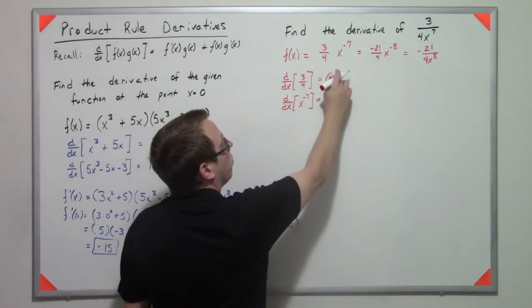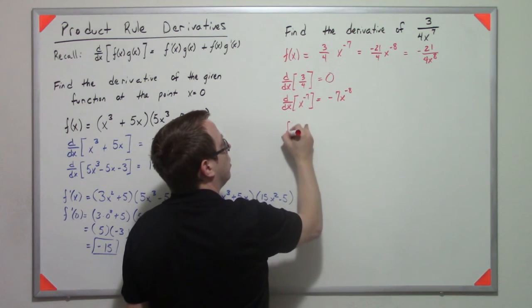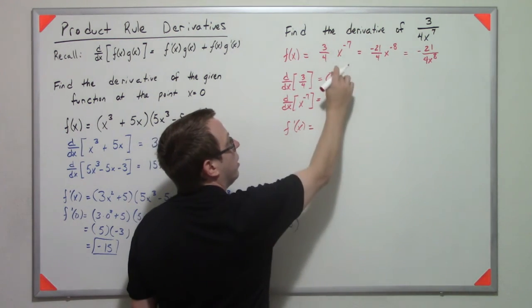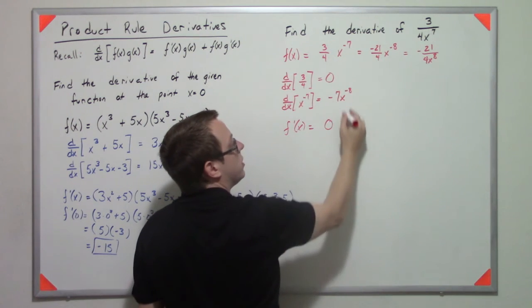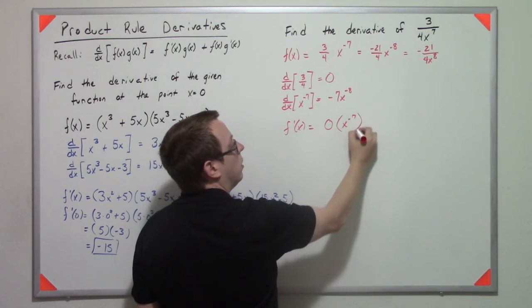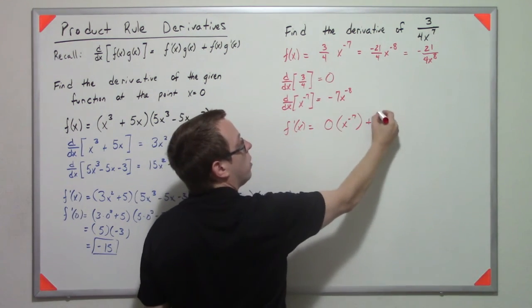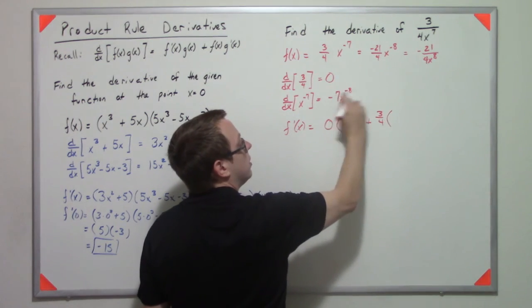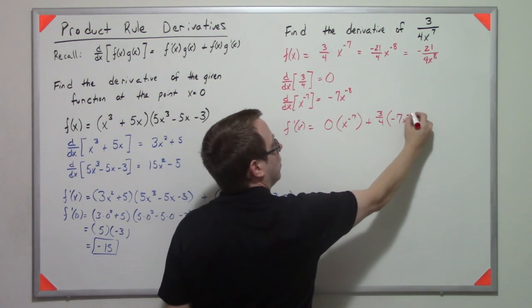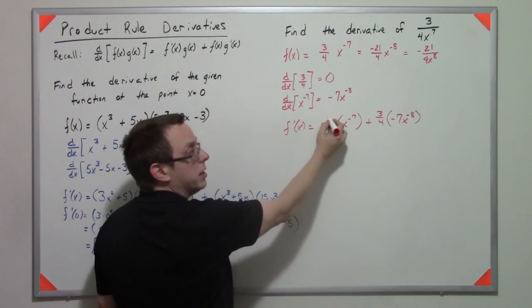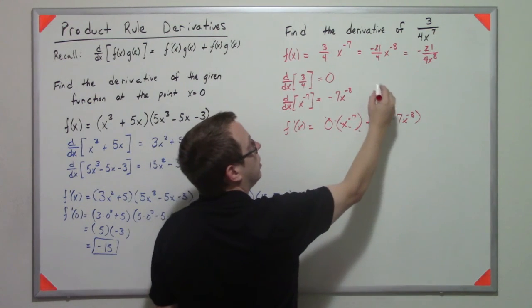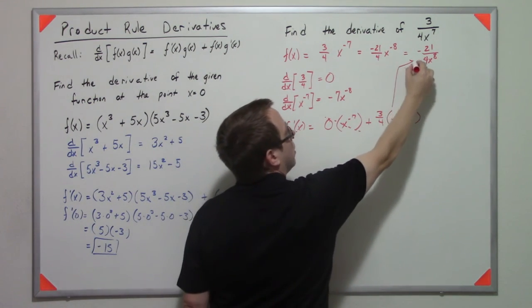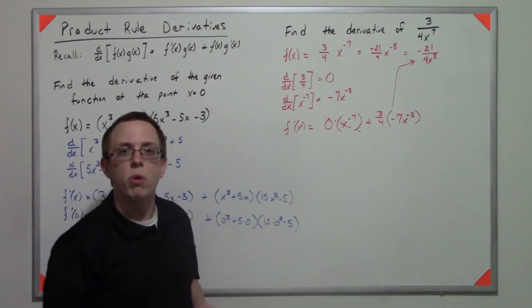So then our derivative is the first derivative times the second term, plus the first term times the second derivative. And what you find is that this term vanishes, and that term becomes the one we found right there.